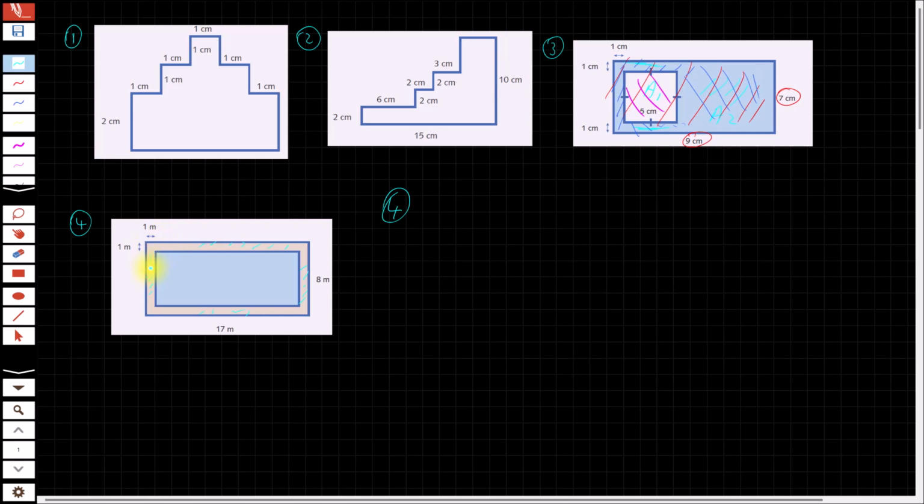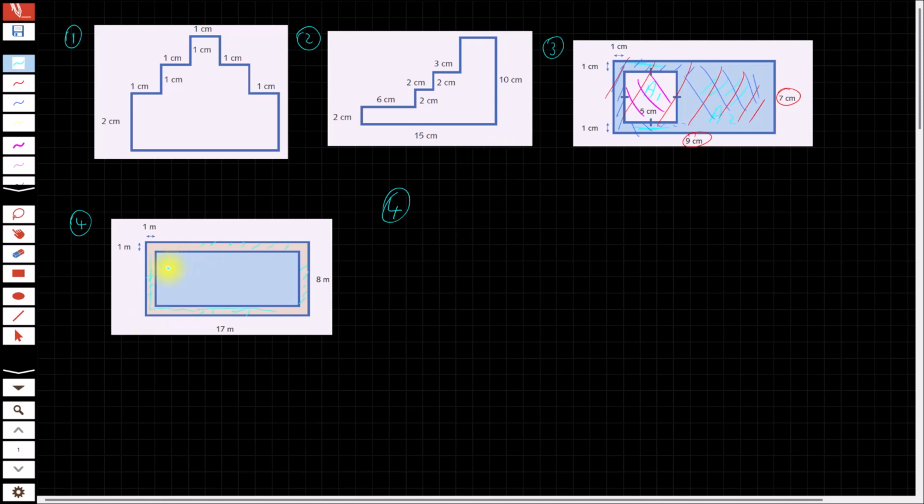So the perimeter of this, it might be a bit of carpet, and if we put it all in a straight line, we'll get our length. Okay, so let's firstly calculate the area.